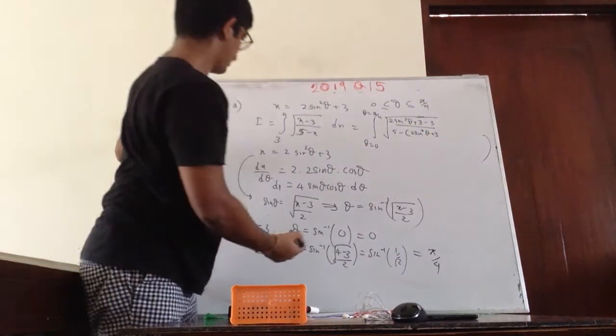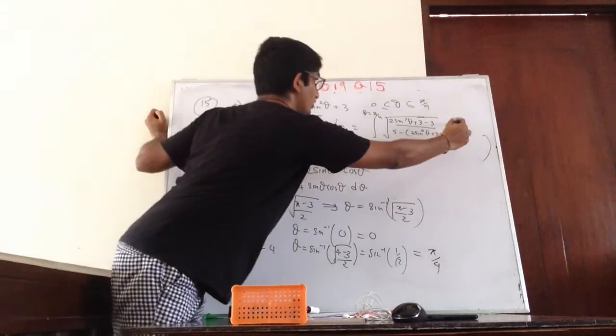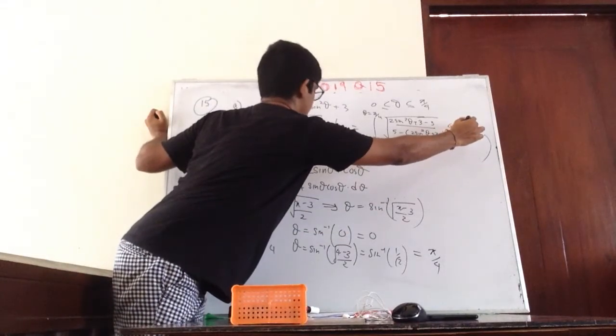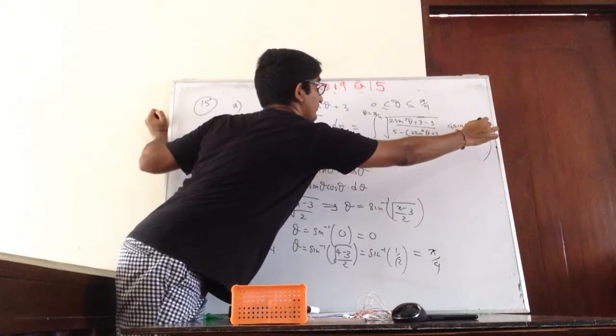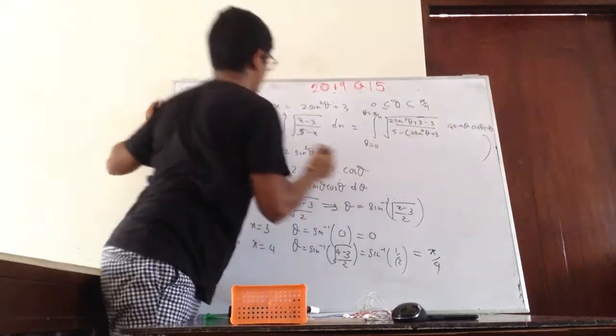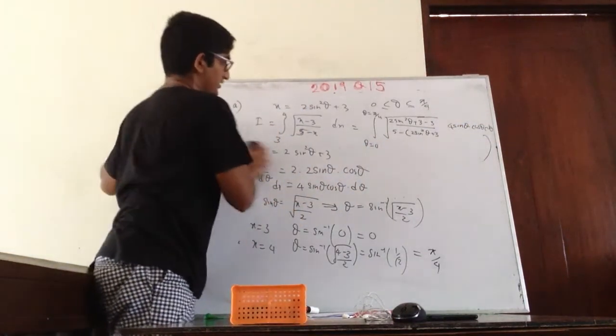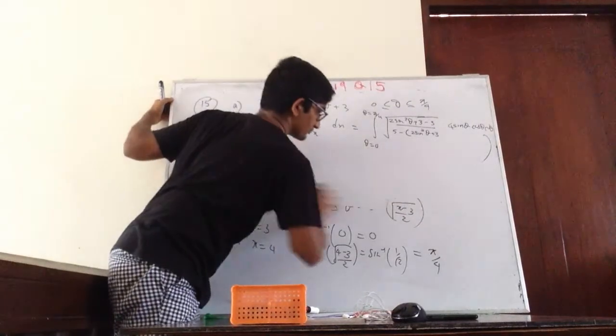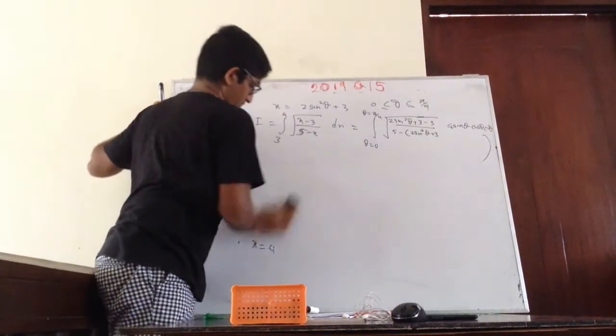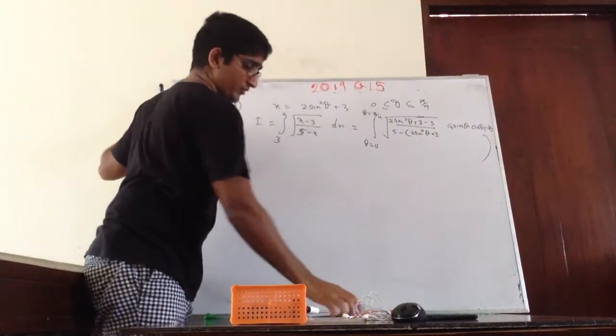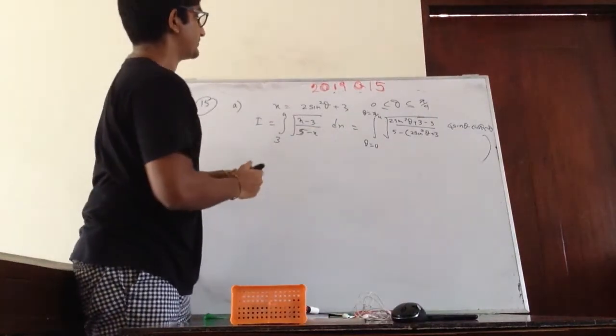And dx is 4 sin theta cos theta d theta. Right, so we got all the things that we wanted. So now it's a case of getting the answer.